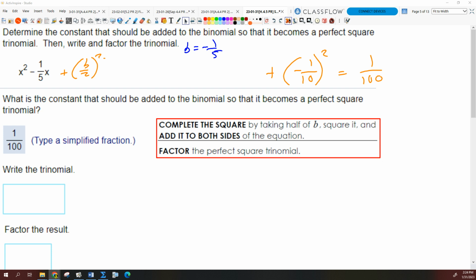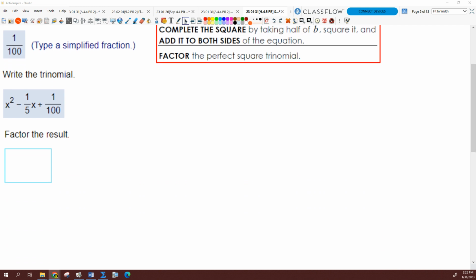Write the trinomial. Wouldn't it just look like that? We're adding 1/100th to my original two terms to create a perfect square trinomial. And what's that going to factor into? What magic numbers would multiply to positive 1/100th and add to negative 1/5? You're probably thinking, man, that's tough with all those fractions, but it's not, because it always has the same pattern.